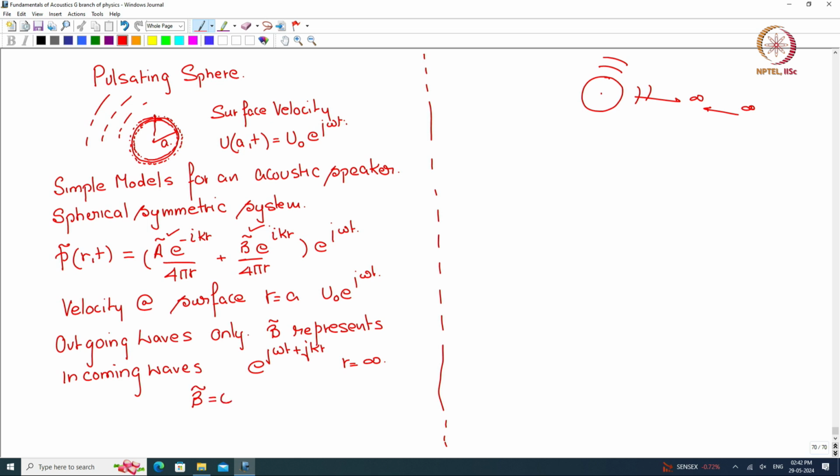B tilde we set to 0. So, then my P tilde r comma t is given by only A tilde e to the power of minus j k r by 4 pi r e to the power j omega t.